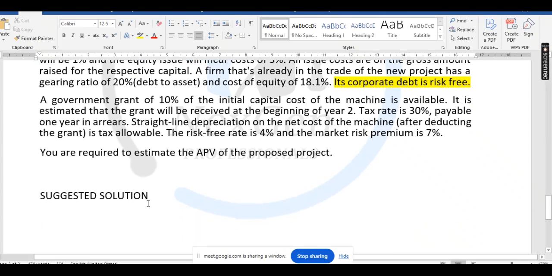So, suggested solution. We are starting with the base case NPV. What is the name of the company? We can just put it as PH PLC. Please make sure you are with your writing material.